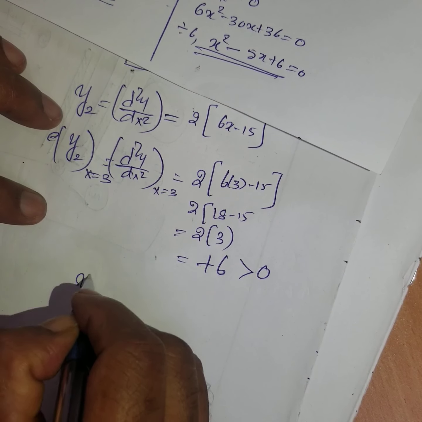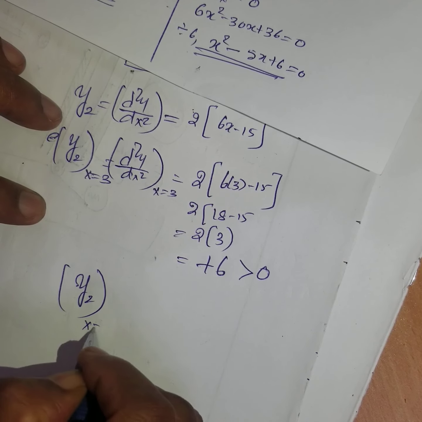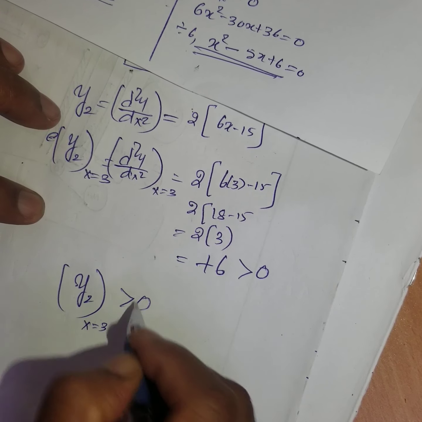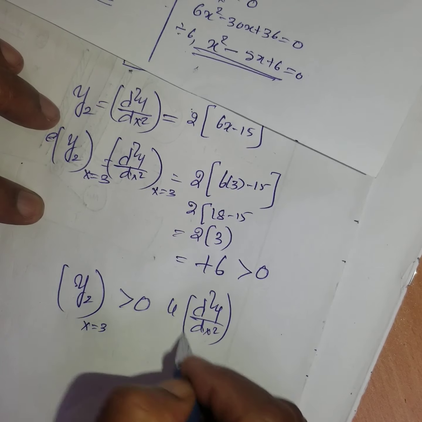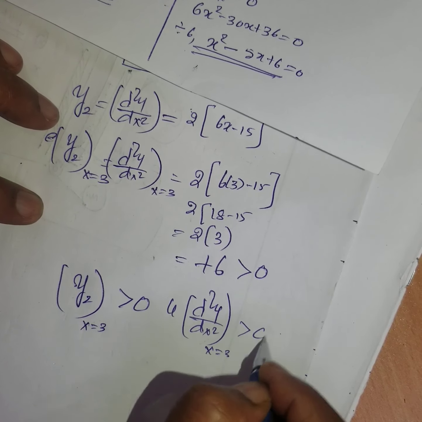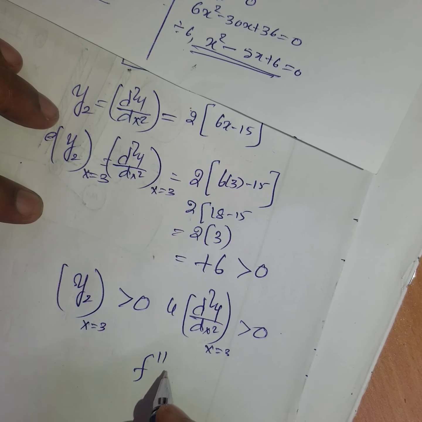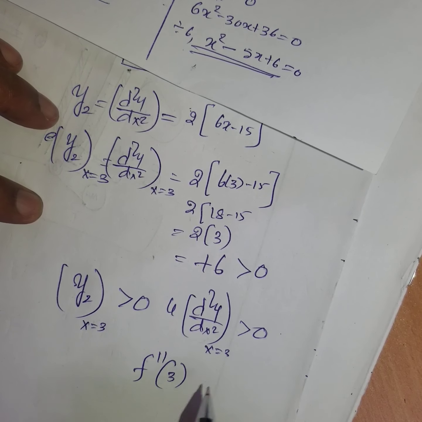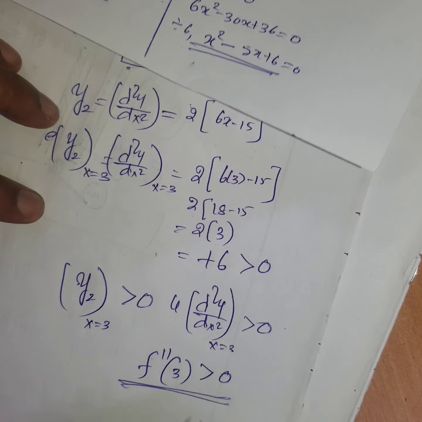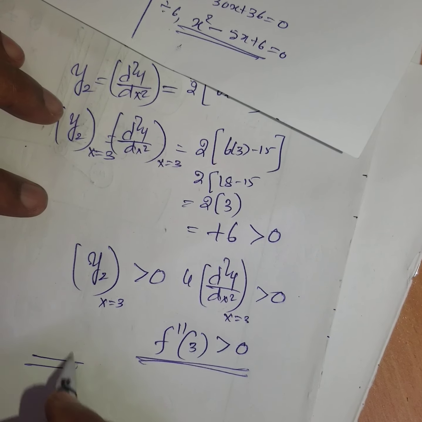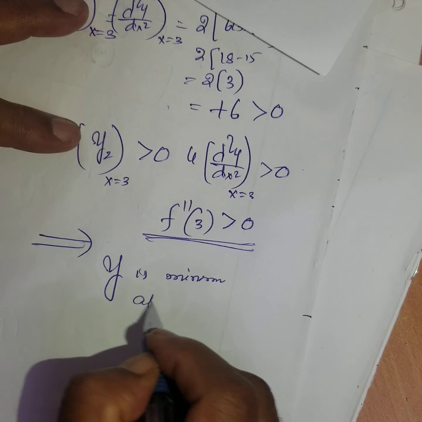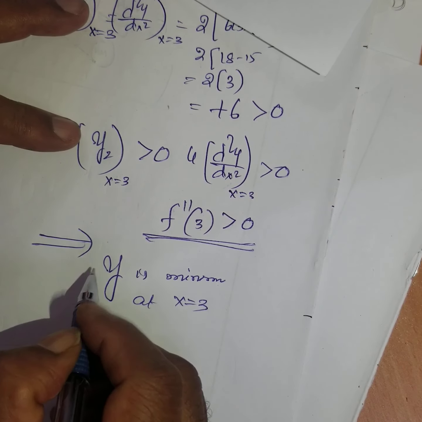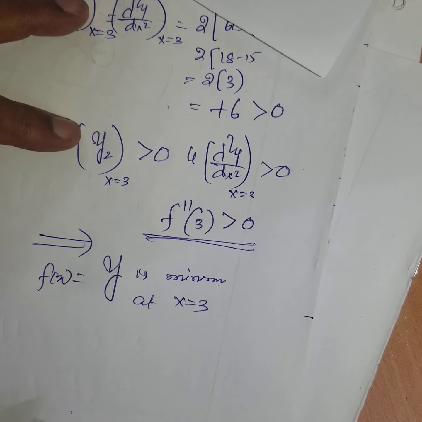The second derivative at x = 3 is greater than 0. Some textbooks write f double dash at 3 is greater than 0. That implies y is minimum at x = 3, or f(x) is minimum.